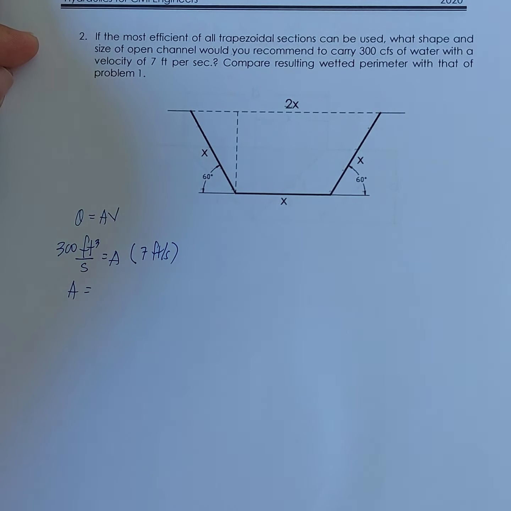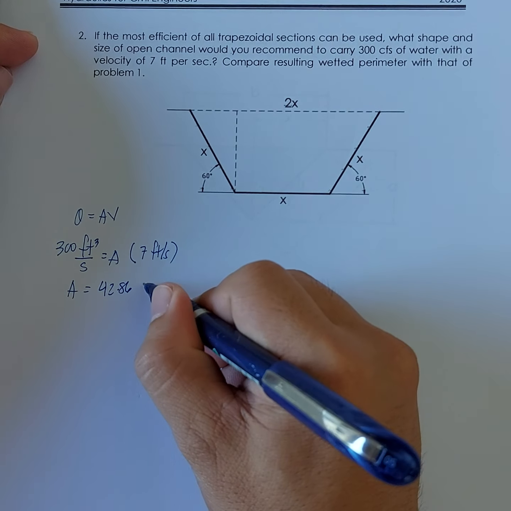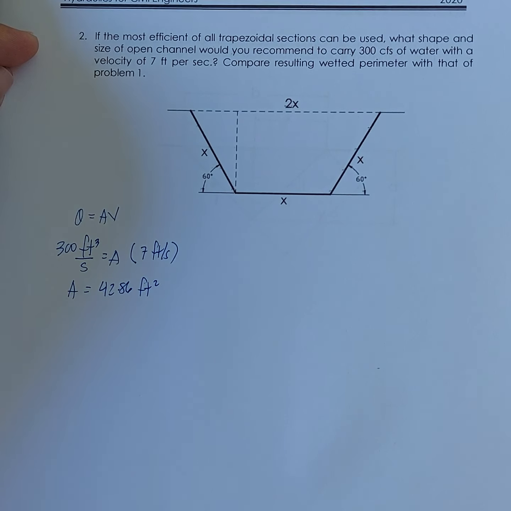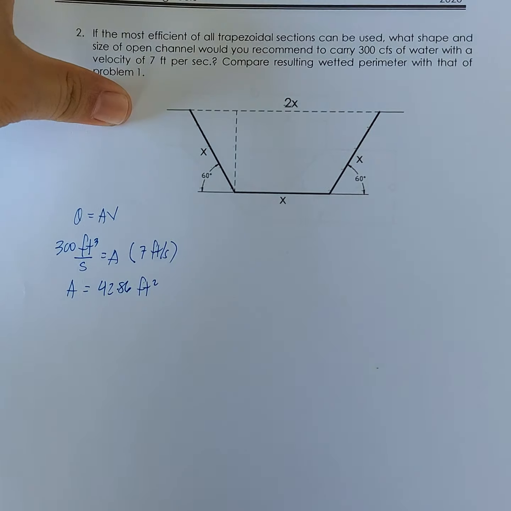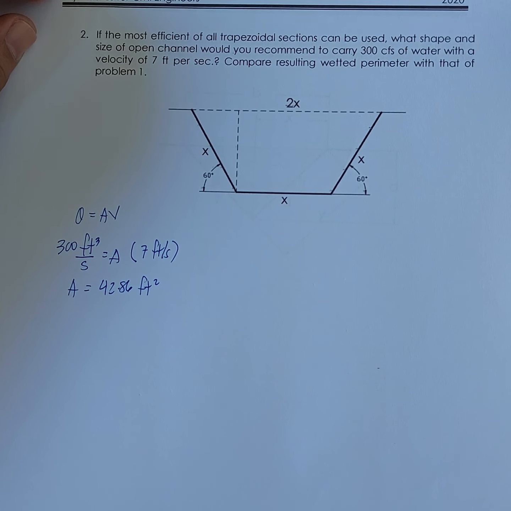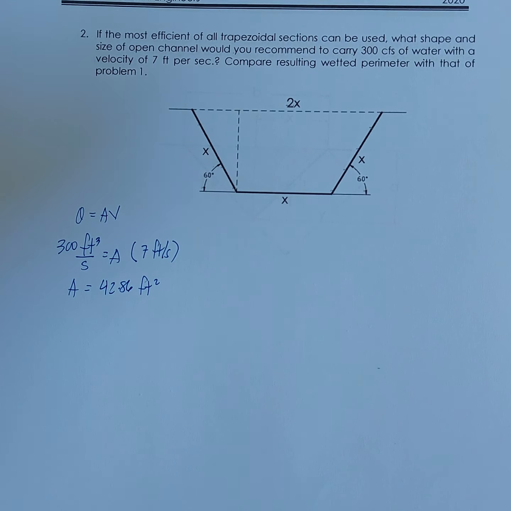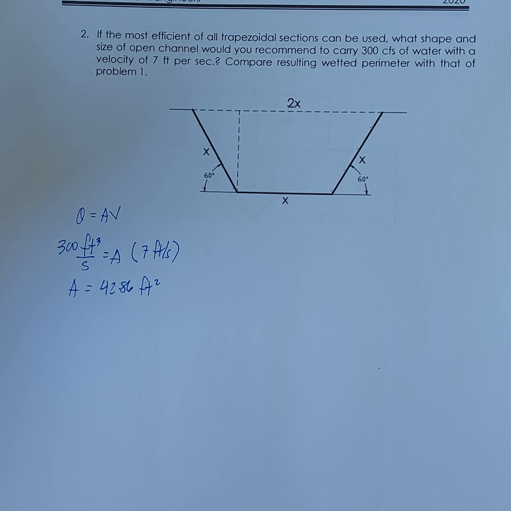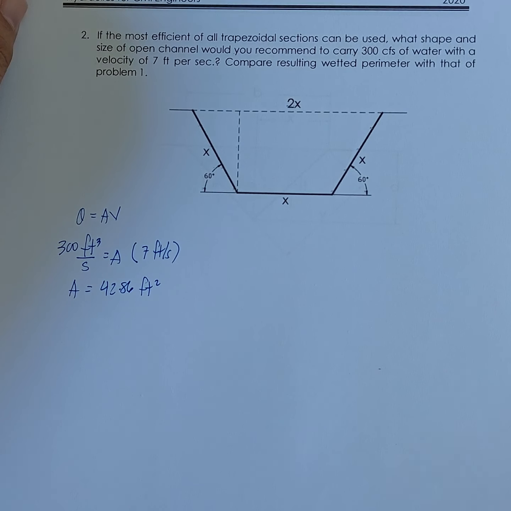So the area is 42.86 square feet. Again, from that, we're going to solve for the required size of the trapezoidal channel, which would be the value of x, the length of each of our sides.